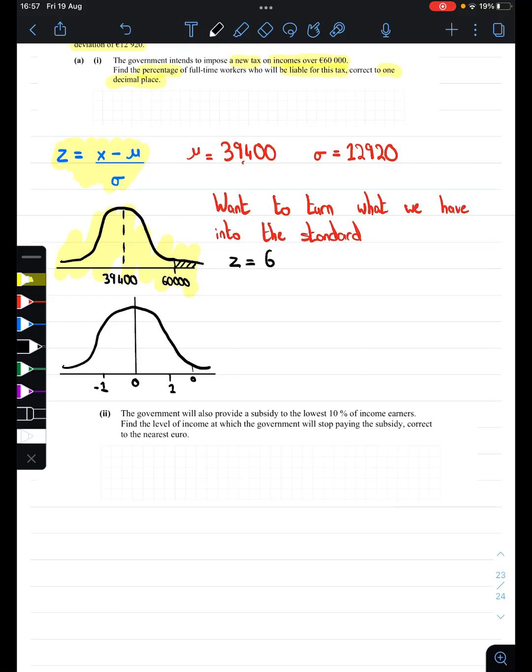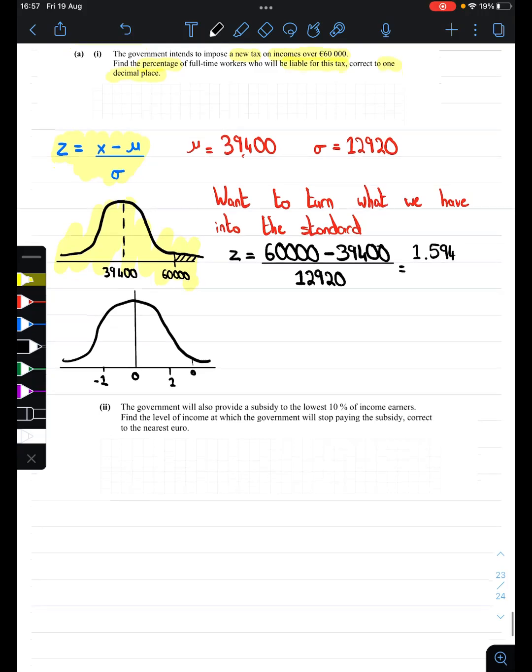Okay, so if we plug in 60,000 into this formula, minus 39,400, and divide by the standard deviation, then we get a z-score of 1.594. Okay, so we have our z-score of 1.594.